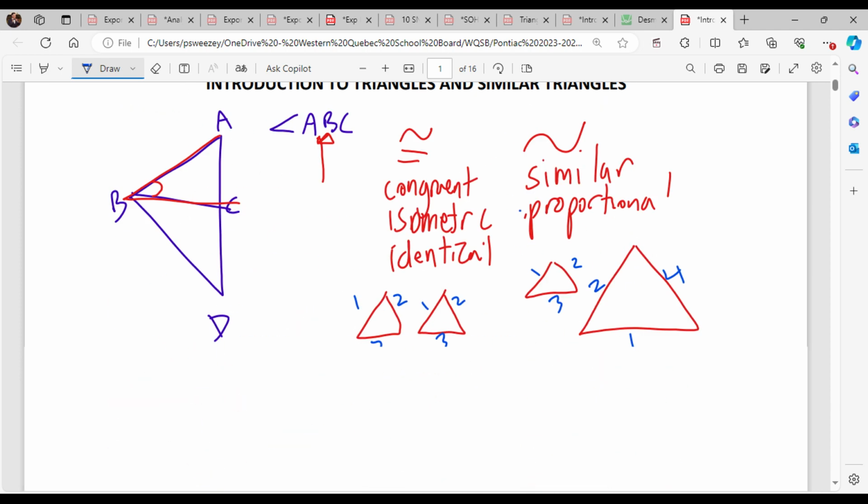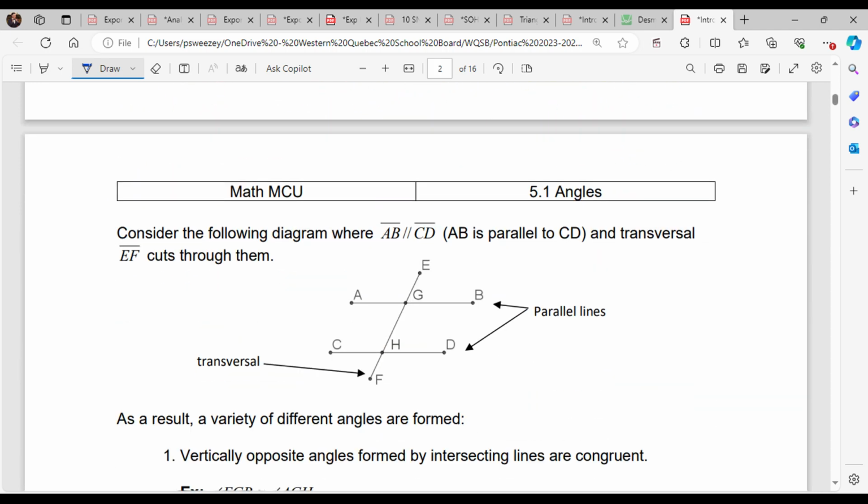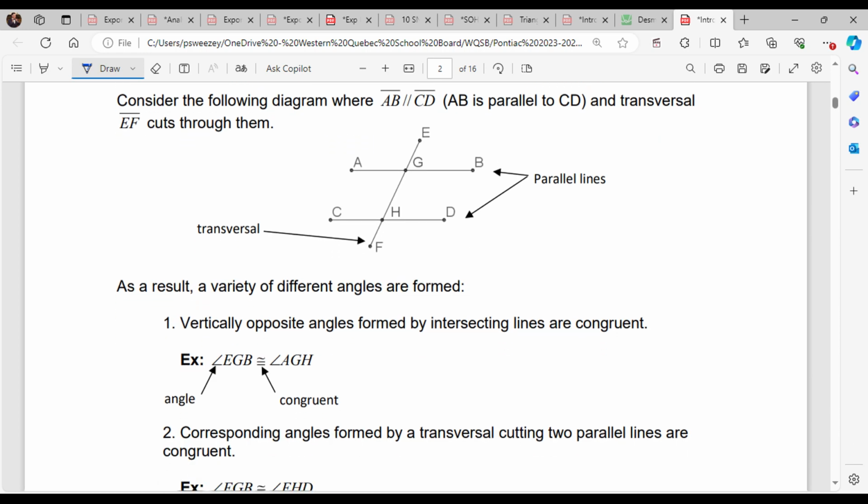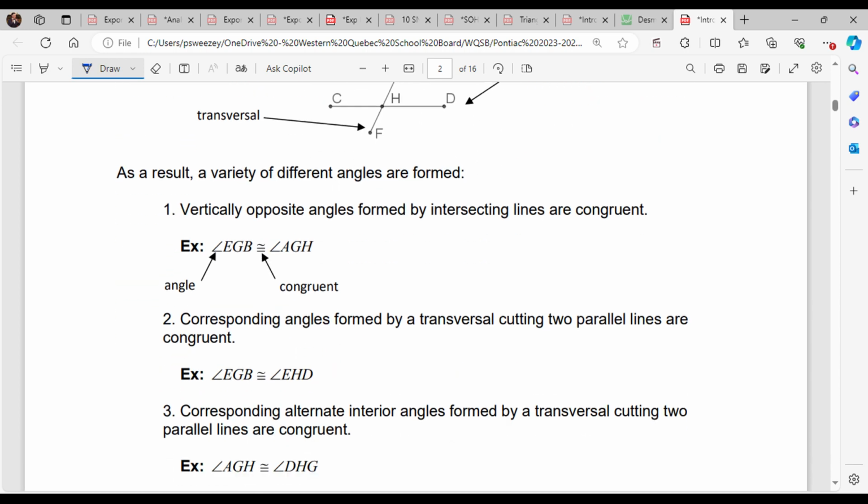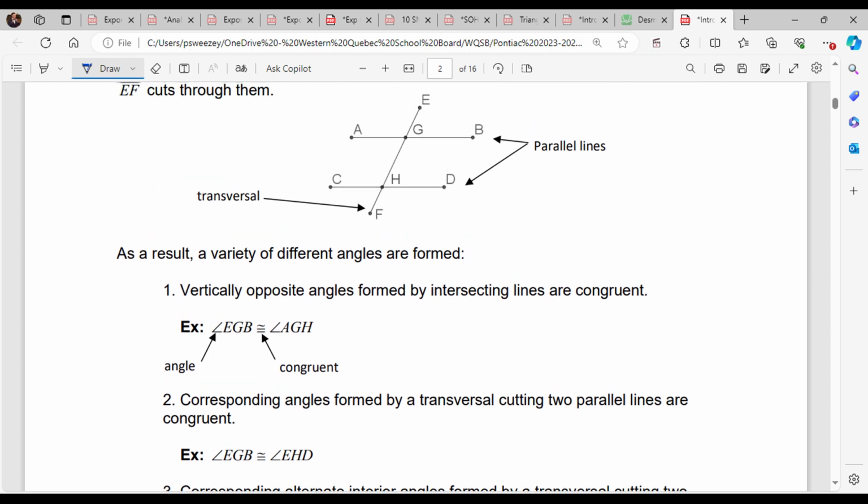Okay, so from there, let's get into these angles here. You'll see that it's identified what we talked about, angle EGB, but we talked about it further. We're going to put diagrams next to this to help it make more sense, because you can go up and look at the diagram itself to see that angle EGB and AGH are vertically opposite from each other, but I think it's nice to put a small diagram next to this to describe what that even means.